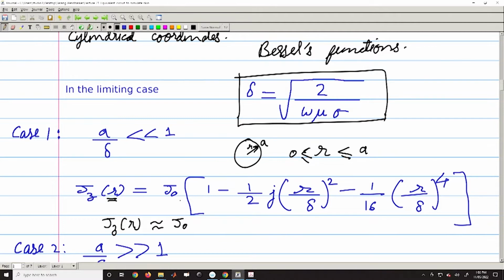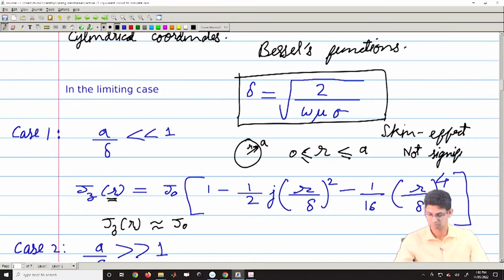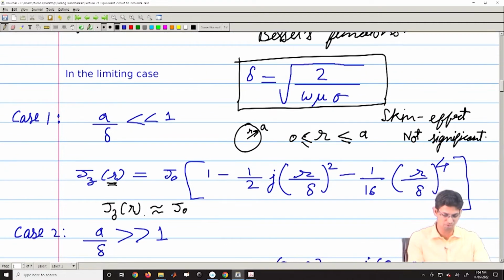So, this is the case when skin effect is not significant. You can ignore the skin effect. Why? Because you are approximating this as J0.